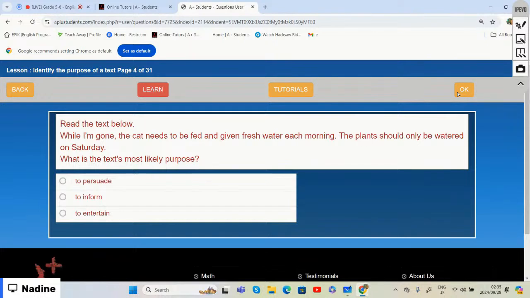The next one says, while I'm gone, the cat needs to be fed and given fresh water each morning. The plant should only be watered on Saturday.